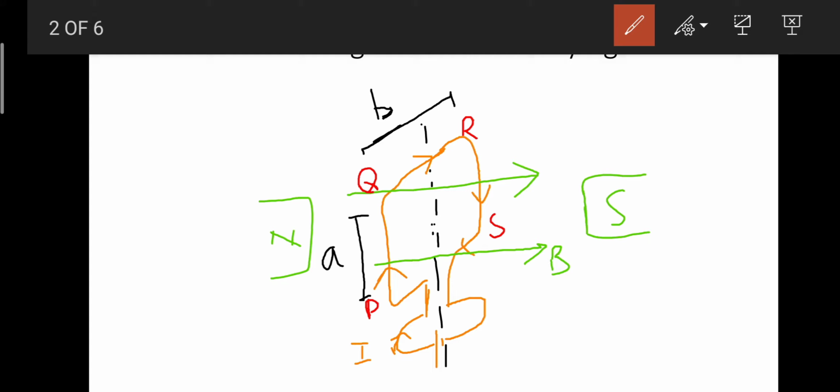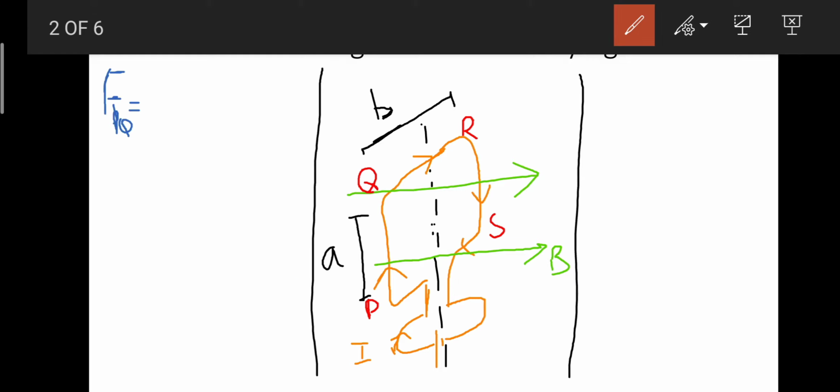For all the sides we are going to get the magnitude and direction of force separately, and then we will add all of them, right? Starting with the side PQ, we use the same formula as for the force acting on a current carrying wire: F equals BIL sine theta.